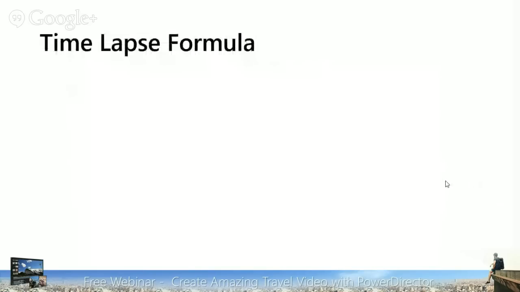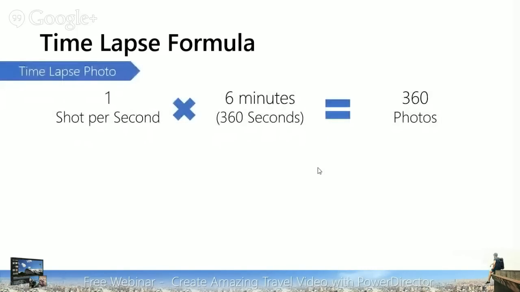Okay, so I'll show you how to make time-lapse. As I explained, time-lapse is like fast forwarding the video 30 times. The traditional way of doing time-lapse is taking a series of photos at a set interval. For example, if I take one shot per second, then in 6 minutes I get a total of 360 photos.